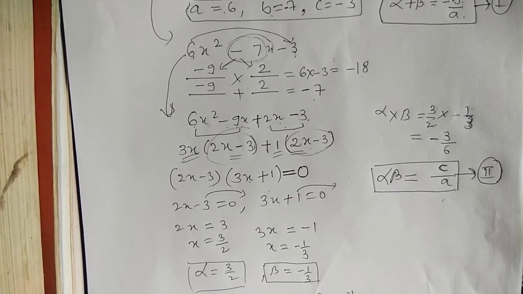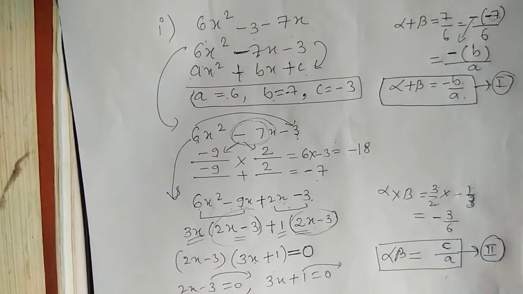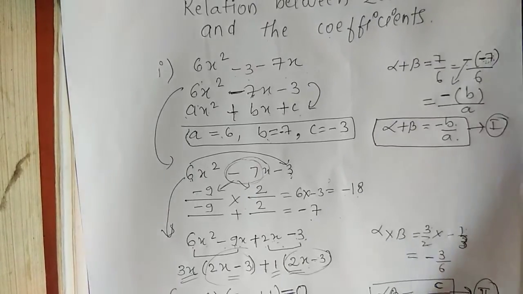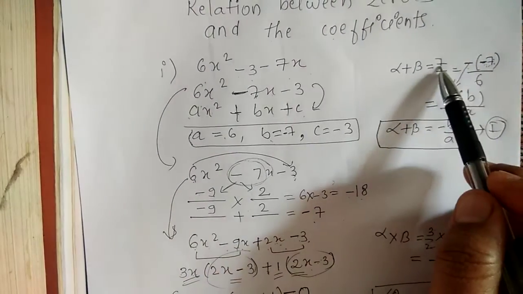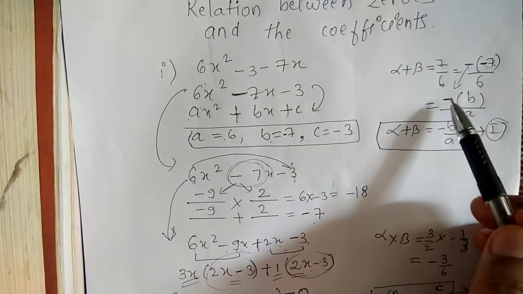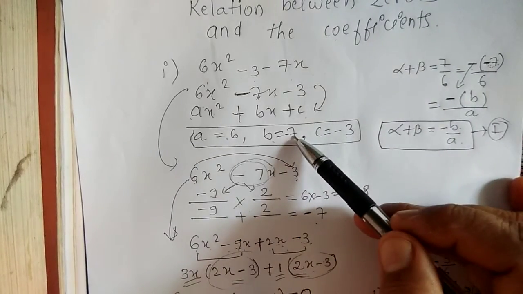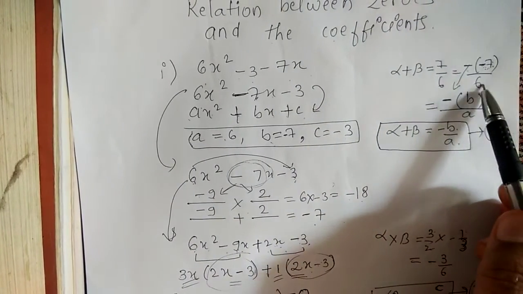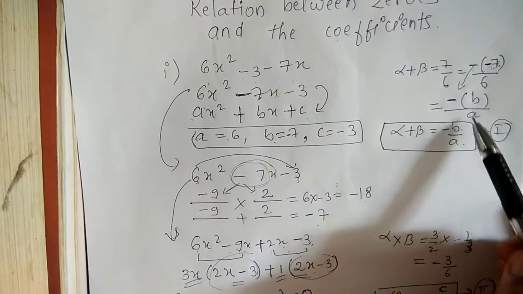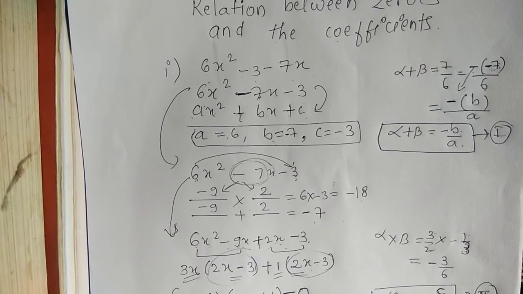To find the relation, we see alpha plus beta value is 7 by 6. Then 7 we can write as minus of minus 7 upon 6. Then this minus I will write here, and minus 7 is nothing but the value of b, and 6 is the value of a. So minus b by a we got, and b is the coefficient of x.